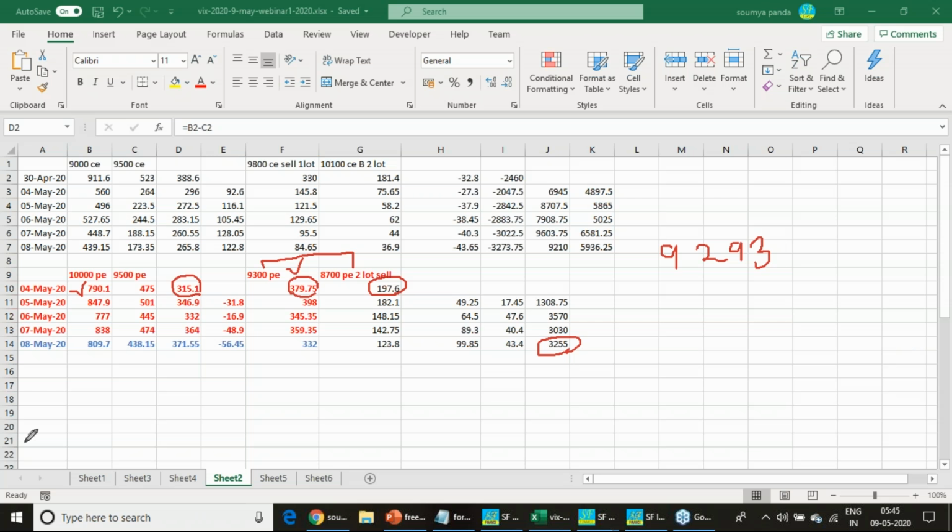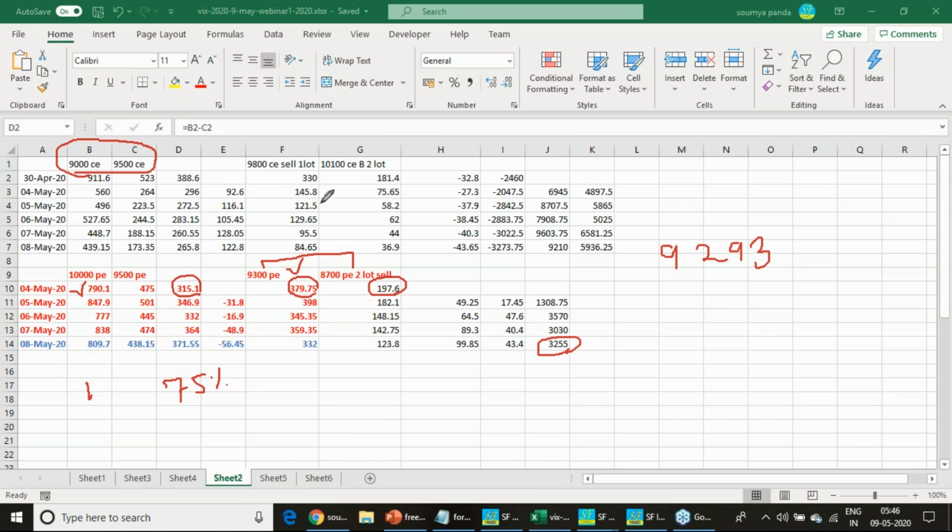So what is the condition of the first rule? When you form any ratio, call ratio or credit spreads, call or put, that must give you minimum 75% of credit.